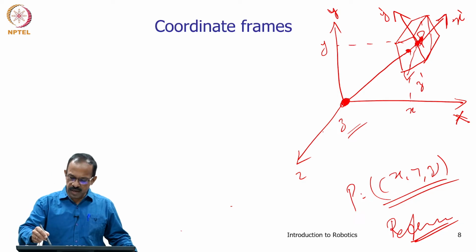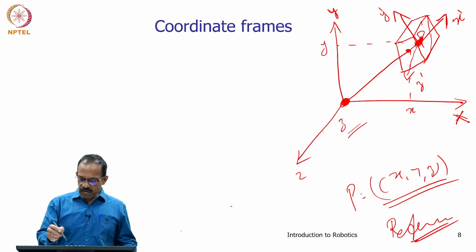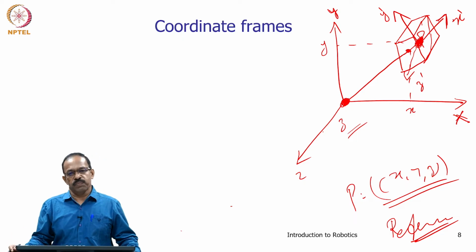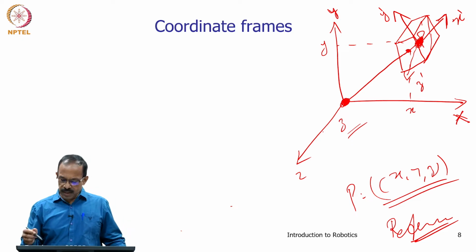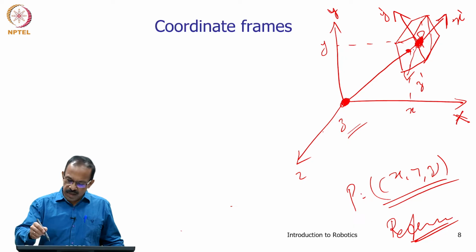This is the frame which is attached to the body. So, now we have a reference frame and a frame attached to the body also. Now, the position of the body or this object can be represented as the position of the coordinate frame, this frame.